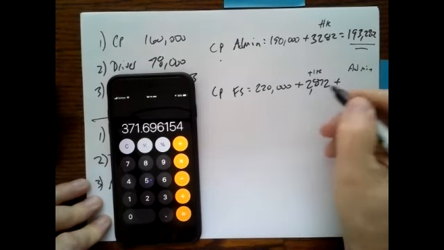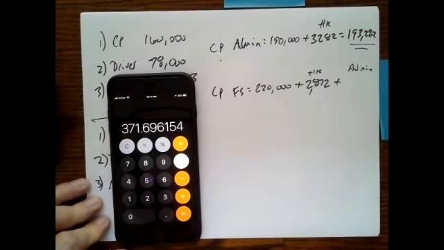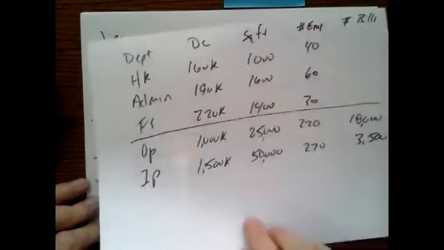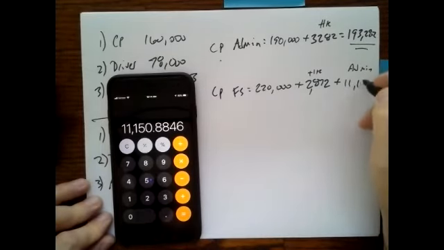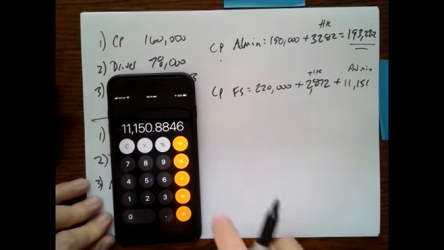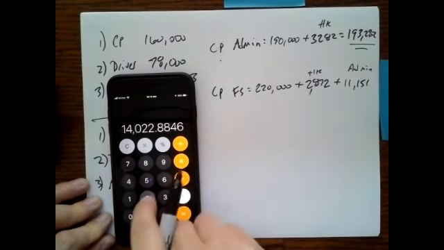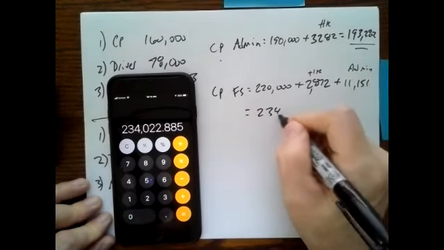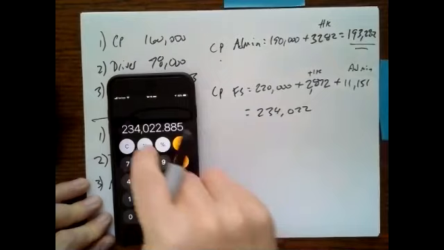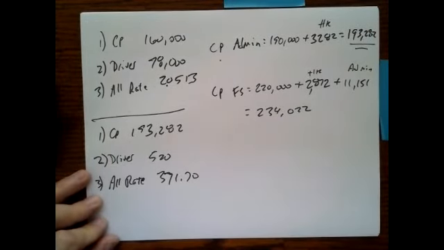They're getting 28.72 from housekeeping plus 371.69 per employee times they have 30 employees, which is 11,151, let's say, plus 28.72 plus 220 gives us a cost pool of 234,022 for financial services. Now we can finally allocate financial services to outpatient.